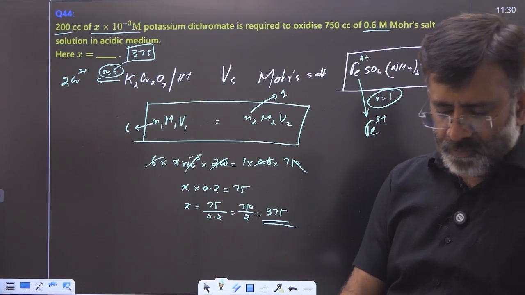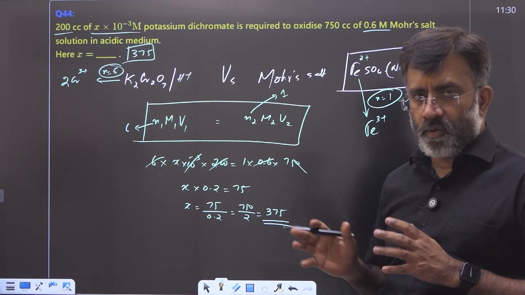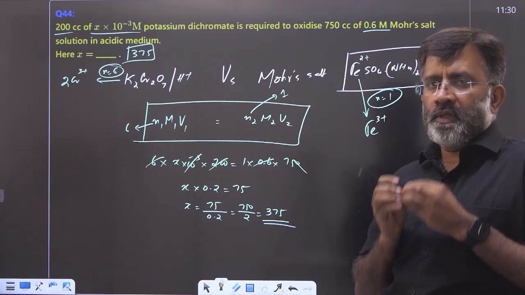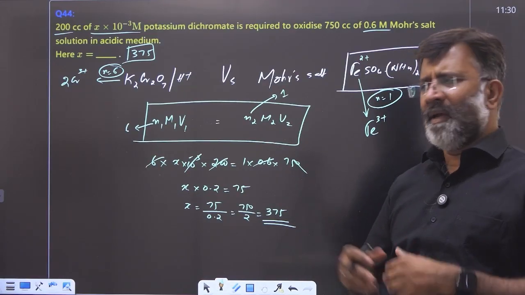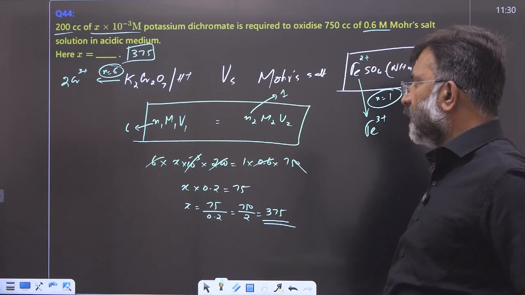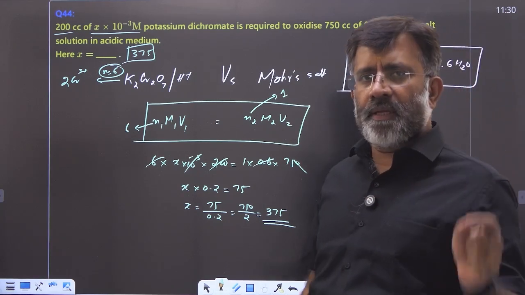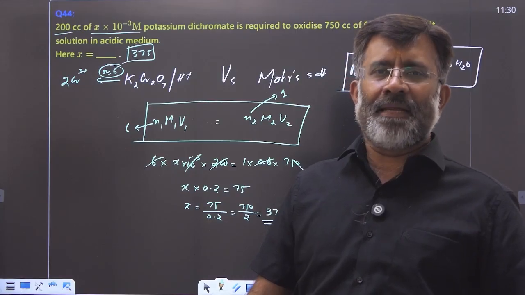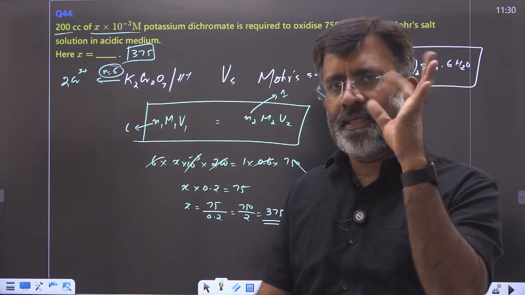Yes, the simple application of N1 M1 V1 equal to N2 M2 V2. You must know what the N factor is. You must know the N factor of each, and then nothing else, you can directly substitute. The N factor of potassium dichromate is 6, because chromium plus 6 changes to chromium 3 plus. So for one chromium it is 3, for two chromium it is 6.